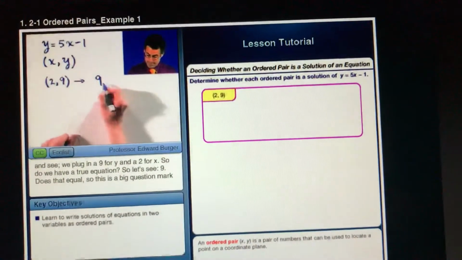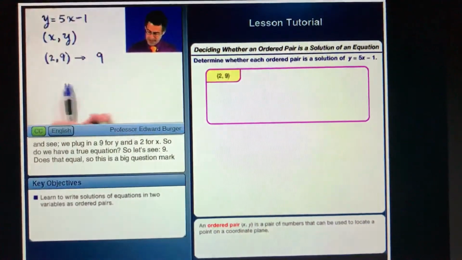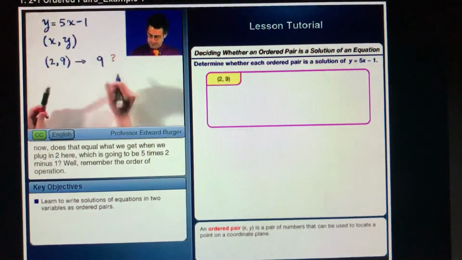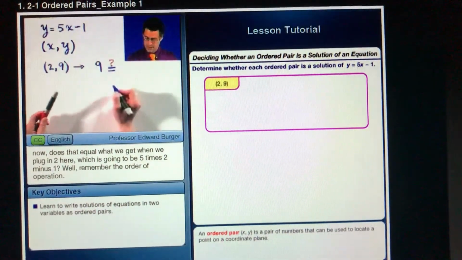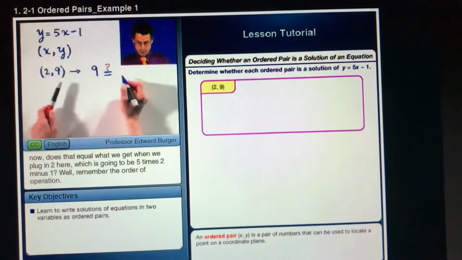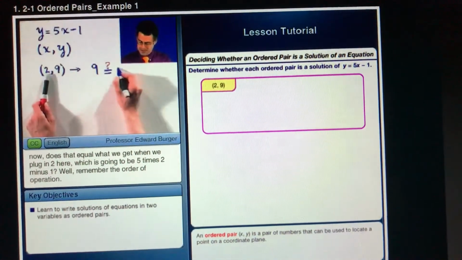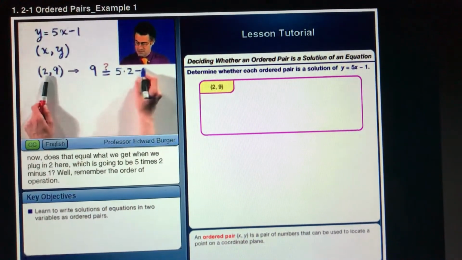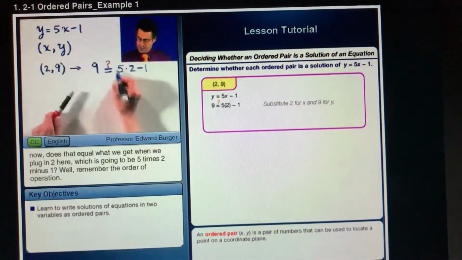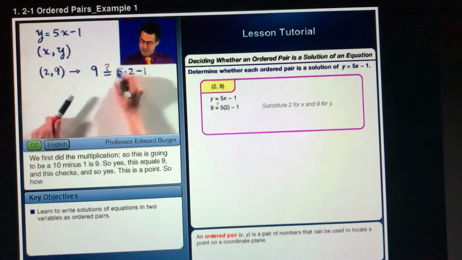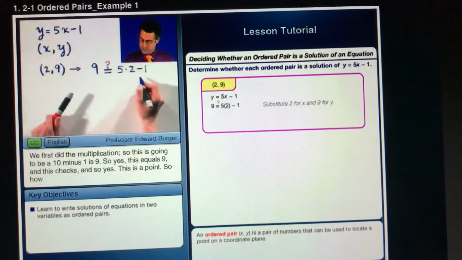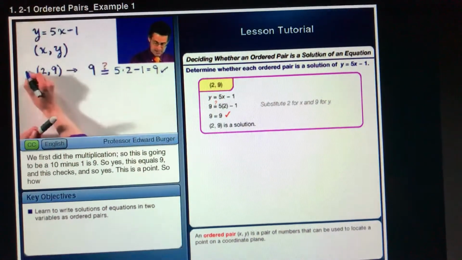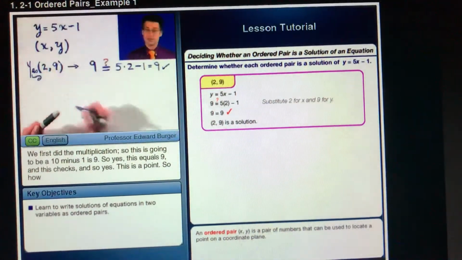Does 9 equal, so this is a big question mark now, what we get when we plug in 2 here, which is going to be 5 times 2 minus 1? Well, remember the order of operations. We first do the multiplication, so this is going to be 10 minus 1, which is 9. So yes, this equals 9, and this checks, and so yes, this is a point.